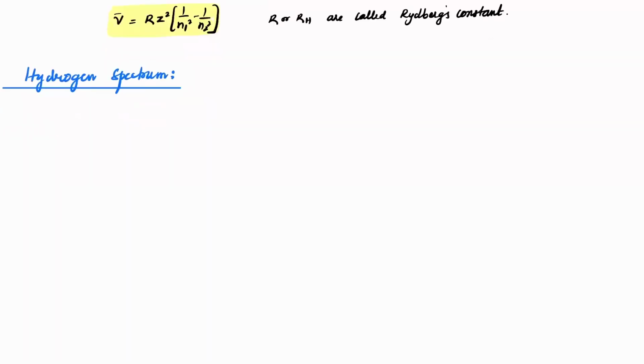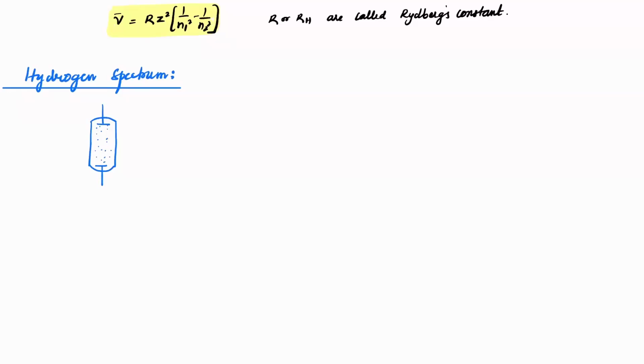What does that mean? Suppose you have a simple setup where we have hydrogen atoms in an excited form. These are hydrogen atoms with high energy, and they are present between two electrodes.